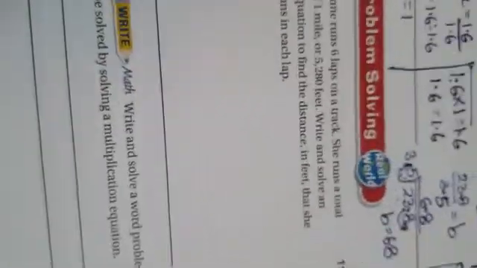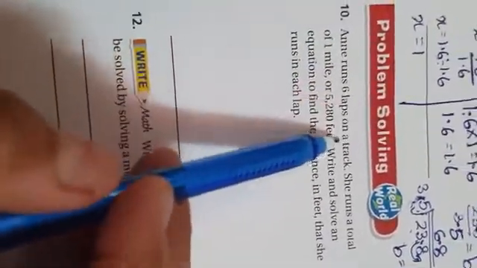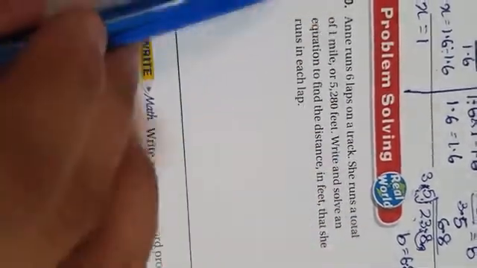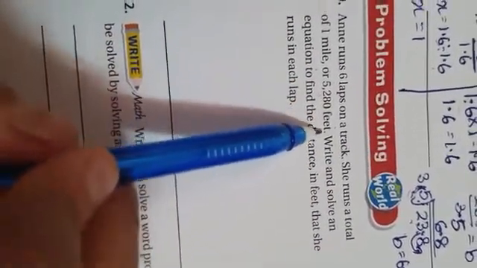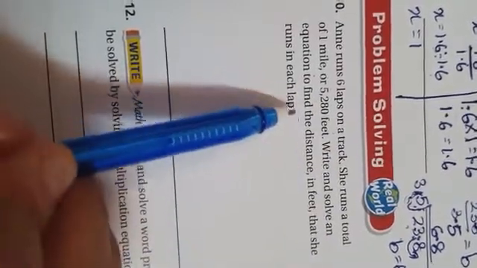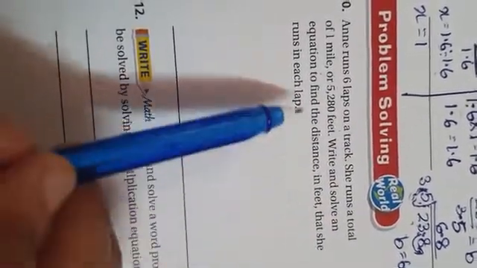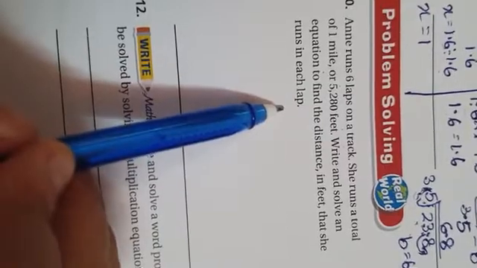Okay, now quickly moving on to the problem solving questions. What do they say? Anne runs 6 laps on a track. She runs a total of 1 mile or 5,280 feet. Write and solve an equation to find the distance in feet that she runs in each lap. So what is the information given here?